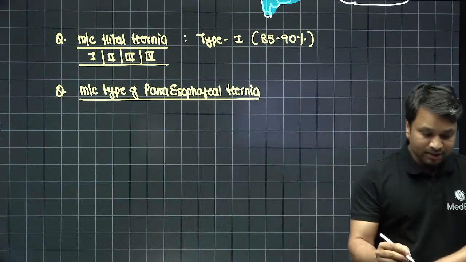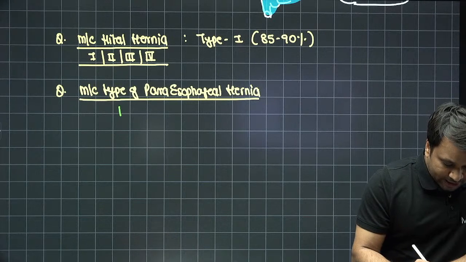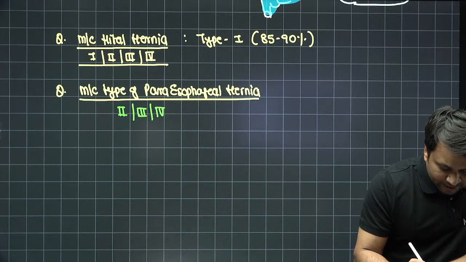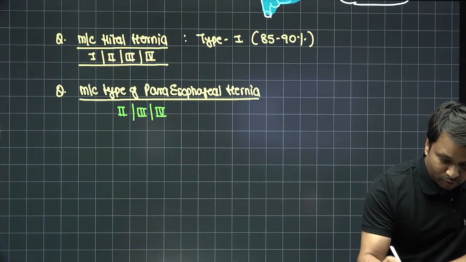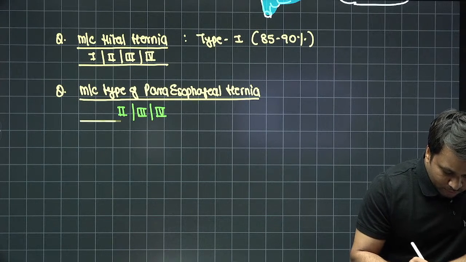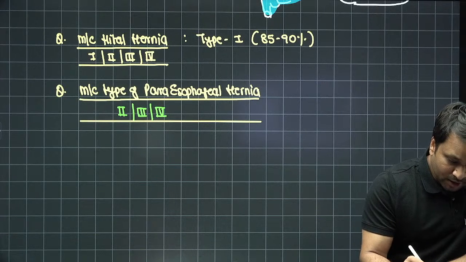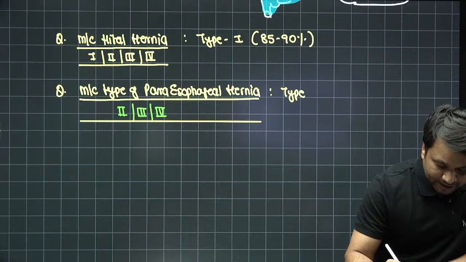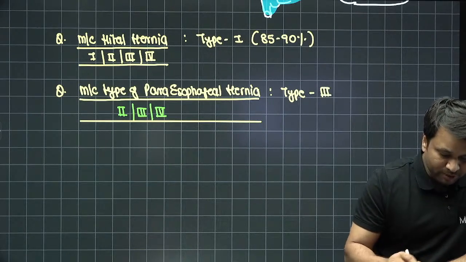If you look at the paraesophageal hernia, only the type 2 variety, the type 3 variety and the type 4 variety are what we call the true paraesophageal hernias. So the most common type is going to be your type 3 variety, which is a mixed variety, right?